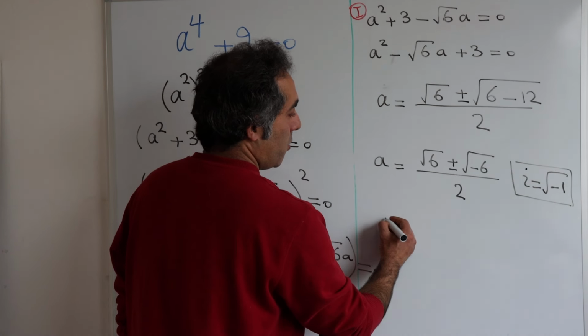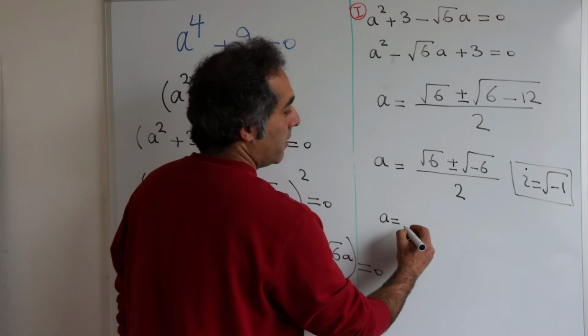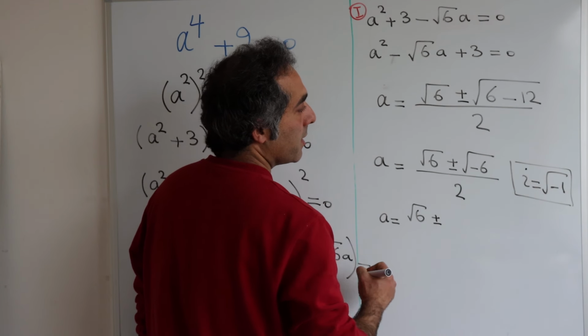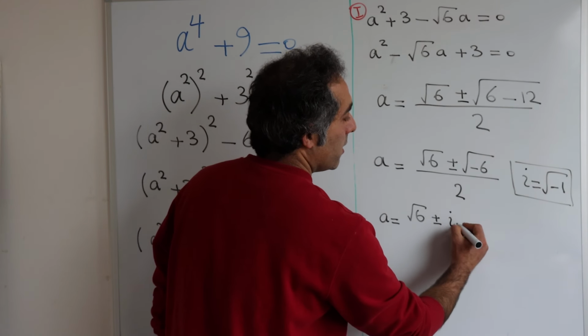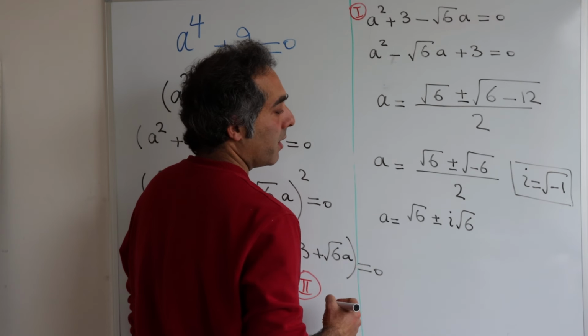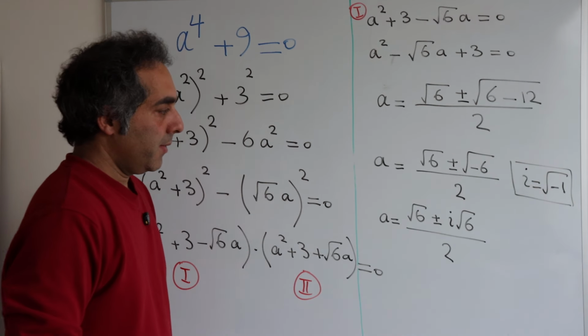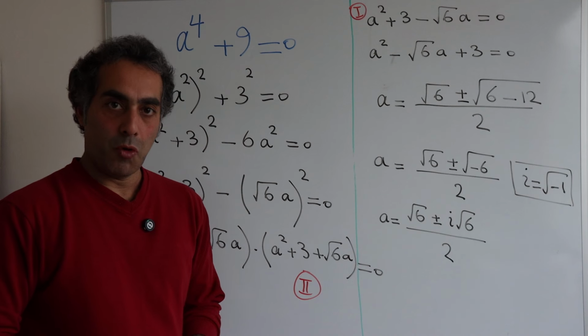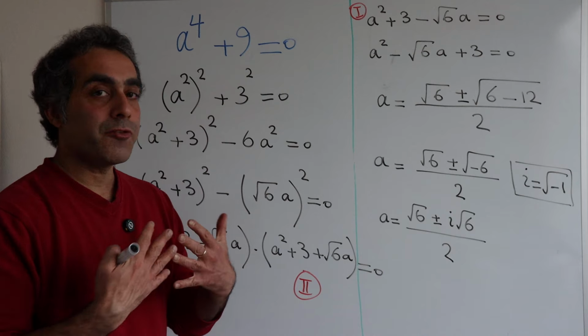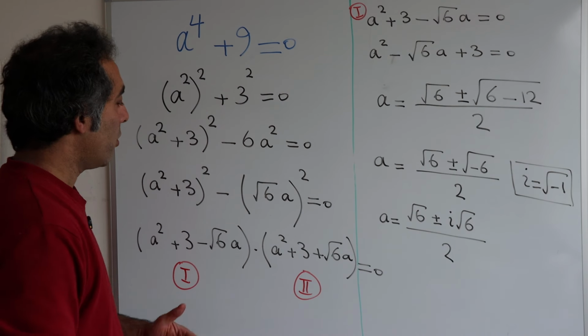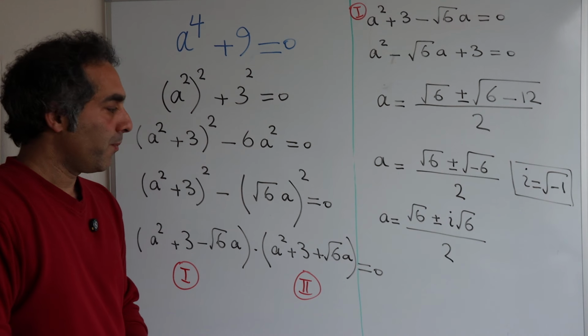So you have two solutions, plus minus i square root of 6, over 2. This is the first pair of our solution, but we have to do a similar approach for parenthesis 2.